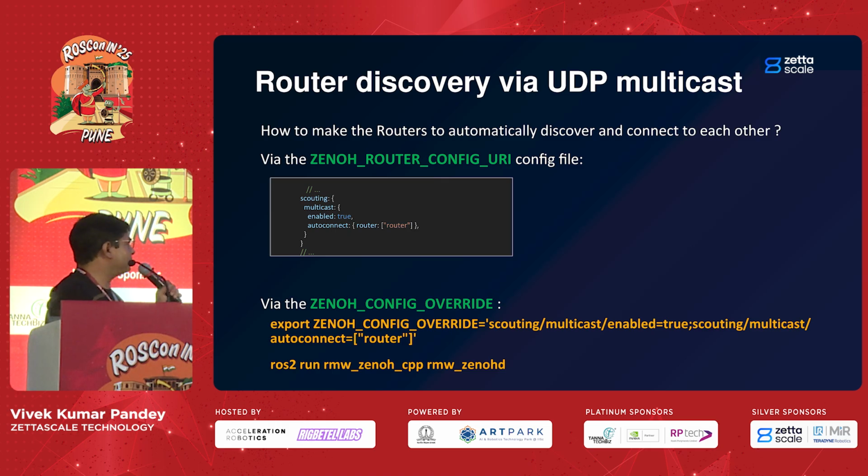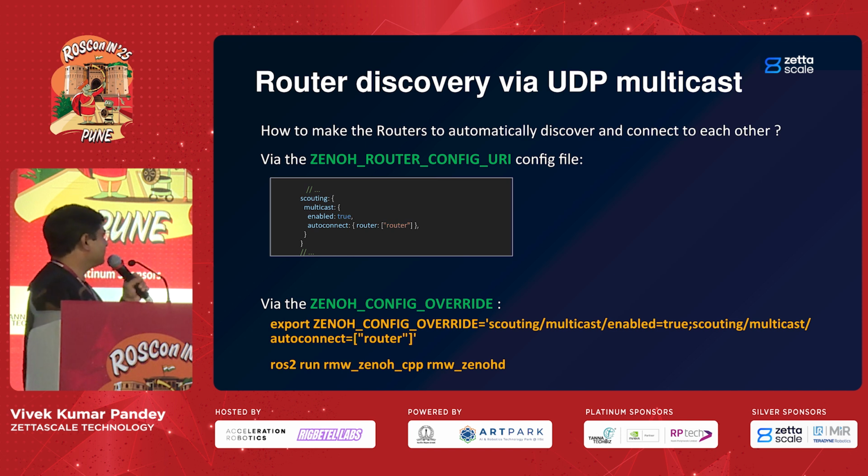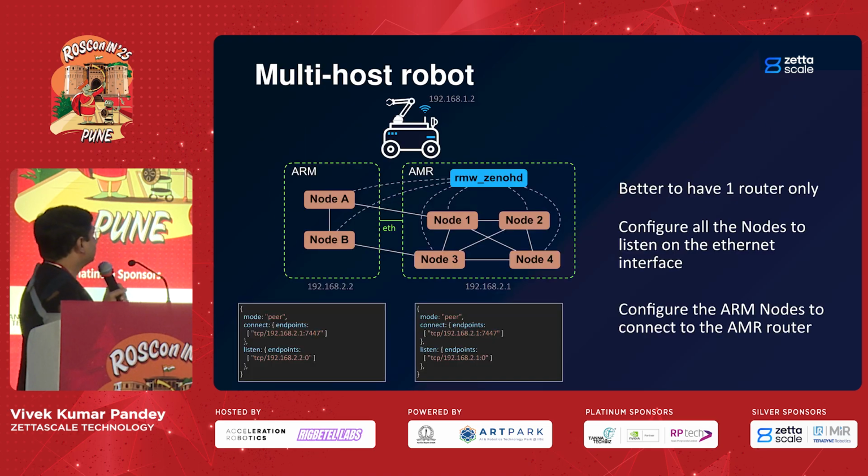What if you want to do automatic discovery at the router side? You can do that. For that you need to enable scouting. Nowadays robots have different hosts. Here you can see we have an AMR and robot arms, connected over Ethernet.